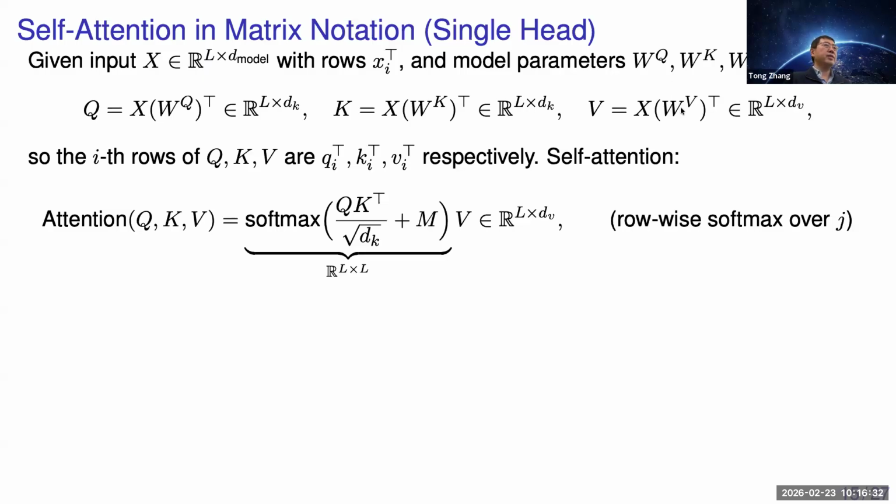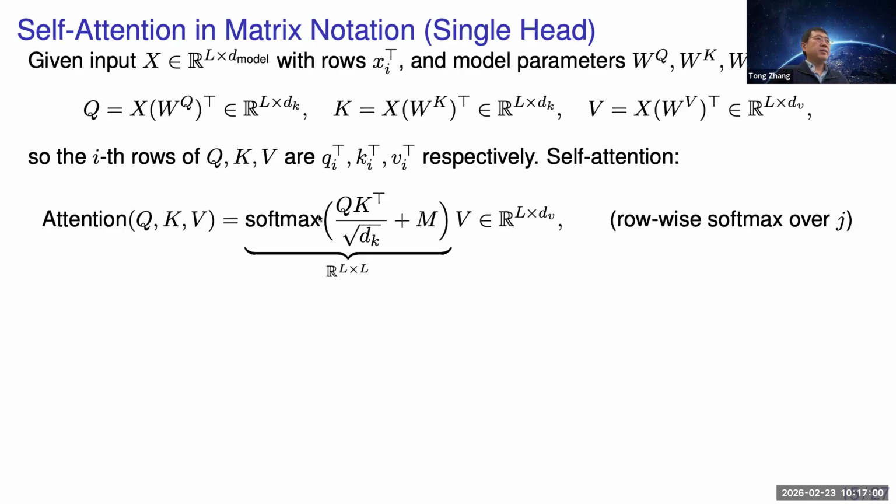This is just a matrix notation. It's the same thing we were looking at before. It's basically saying you are going to a d_v dimension. So it's V, okay? And then you apply this attention mask and do attention. The attention formula will be a row-wise softmax over your scores.